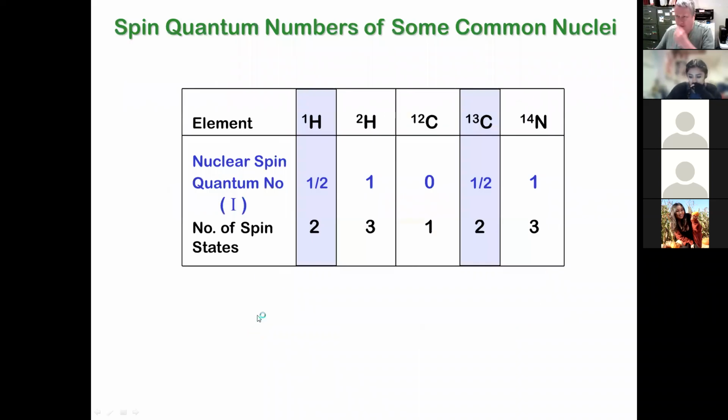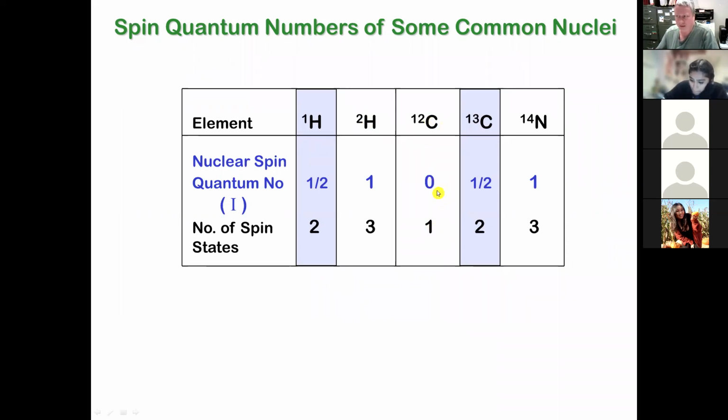Okay, so this shows a couple of nuclei. Proton, 1H, is this isotope of hydrogen. The spin quantum number is 1/2, and there are 2 spin states, so plus 1/2 and minus 1/2. Deuterium has a different quantum number, and it has 3 spin states, so there's almost like 3 states of spinning. C12 is an interesting one, because most of our carbon in our world is C12.